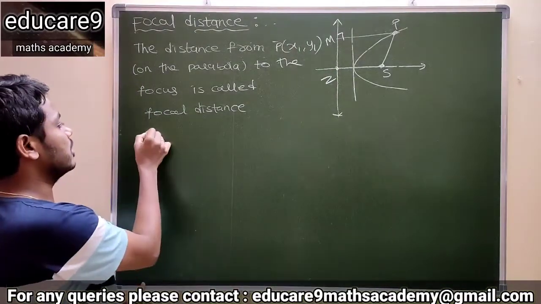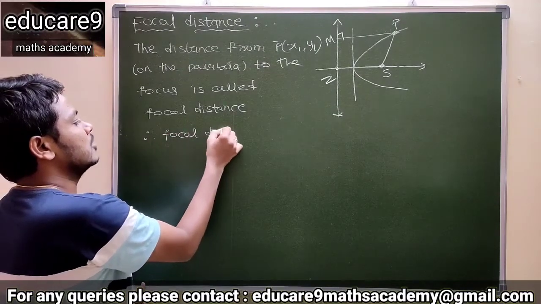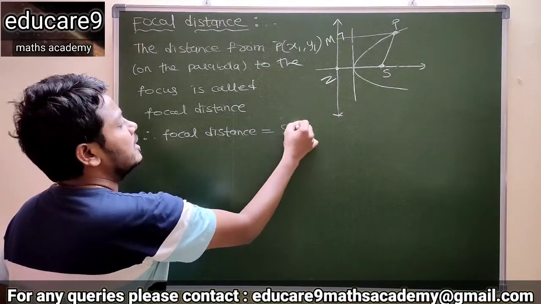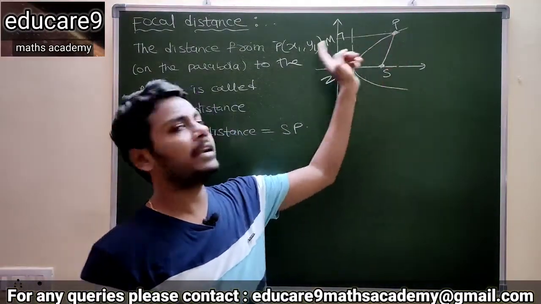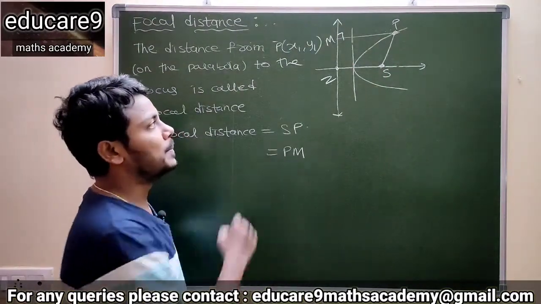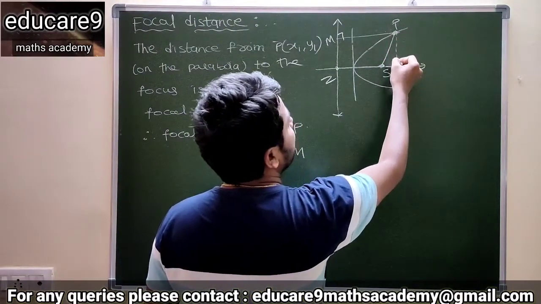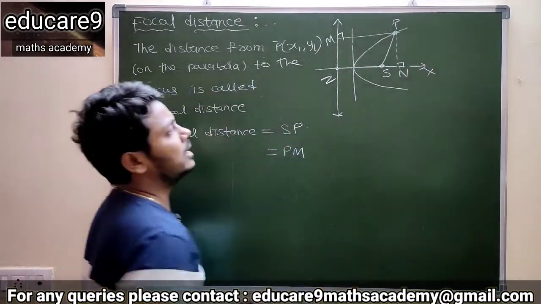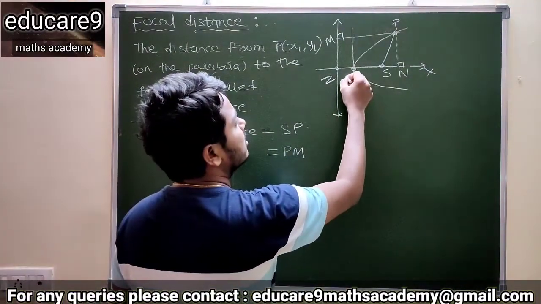Therefore, the focal distance is equal to SP. From the definition of the parabola, SP can be written as PM. Now draw the perpendicular line from P to the x-axis, meeting at point N. This is the vertex A of the parabola.